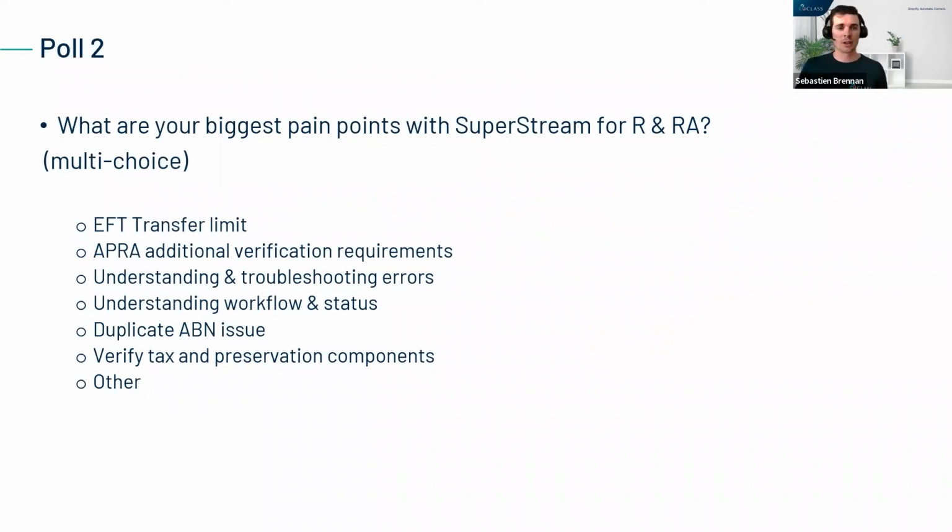The additional requirements for APRA funds around verification, potentially requiring things like a certified copy of a bank statement. The third one's around understanding and troubleshooting errors. Then we've got understanding the workflow and understanding the different statuses, which we hope current release will help with. We've got understanding the ABN, duplicate ABN issue, or really resolving that.